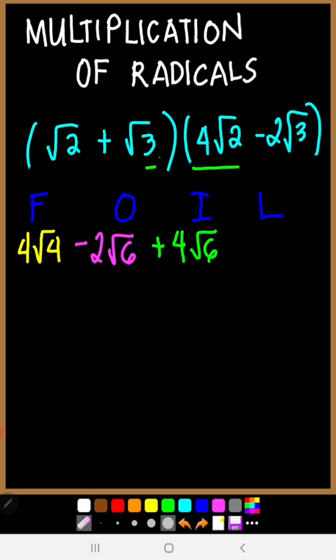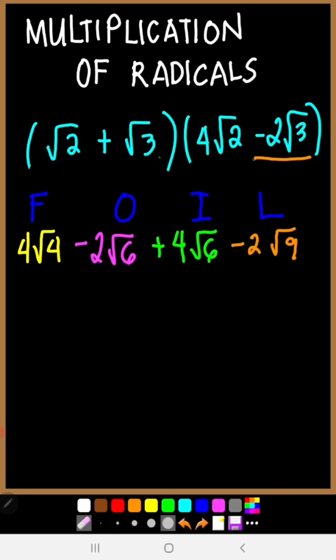And then lastly, yung last term or yung second terms na mga binomials. So, we have here, ang last terms natin ay square root of 3, tsaka negative 2 square root of 3. So, when you multiply that, square root of 3 times negative 2 square root of 3 is negative 2 square root of 9.